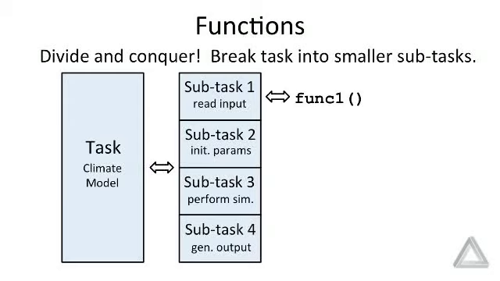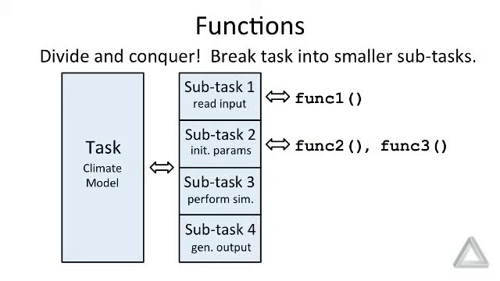For that first subtask, we could maybe take care of that with one function. We'll just call it func1. This will read the input data, and we just have to focus on having that function do that one thing, and once it can do that, we're done. And then subtask 2, the initialization of the parameters, maybe that's a little bit more involved. We have two functions associated with that, func2 and func3.